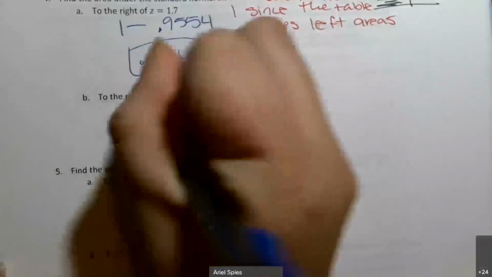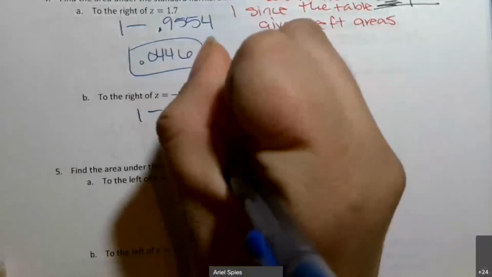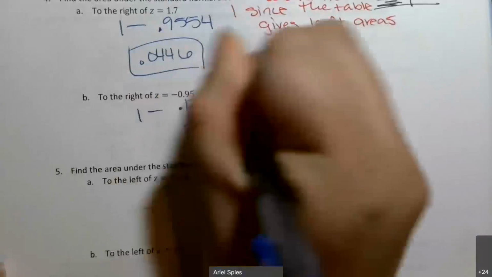And then I want to take this and subtract from 1, which gets me 0.8289.